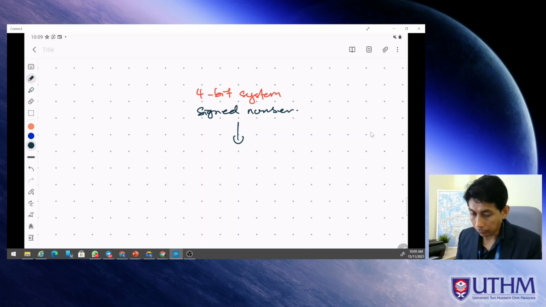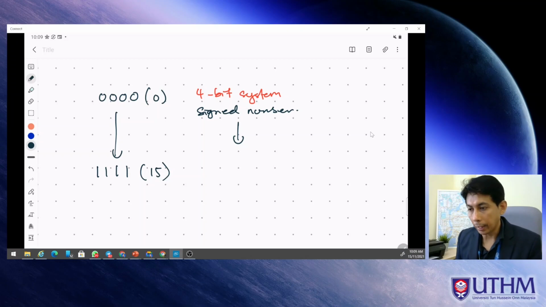Because of course if we have an unsigned value for a 4-bit system, the range of the result must be from 0 to the maximum, which is 15, right? What if we have a result more than that?